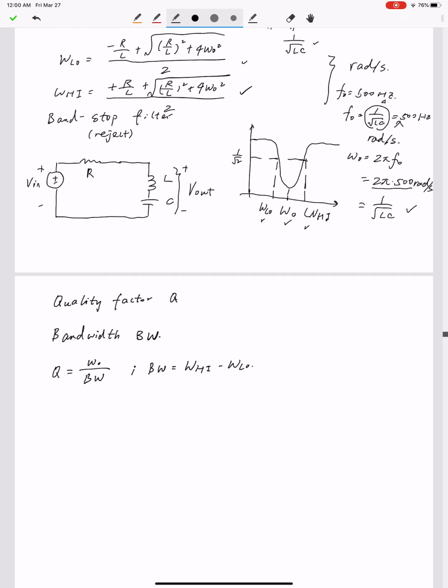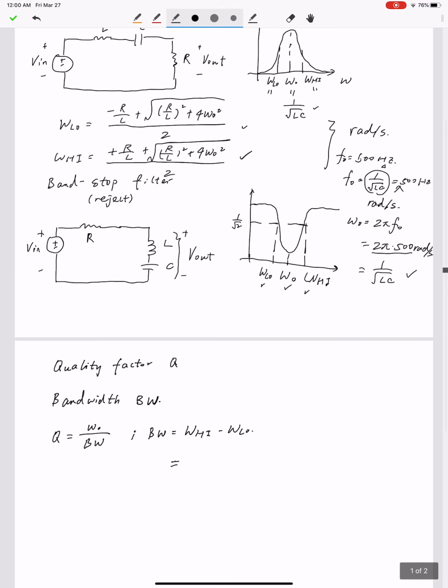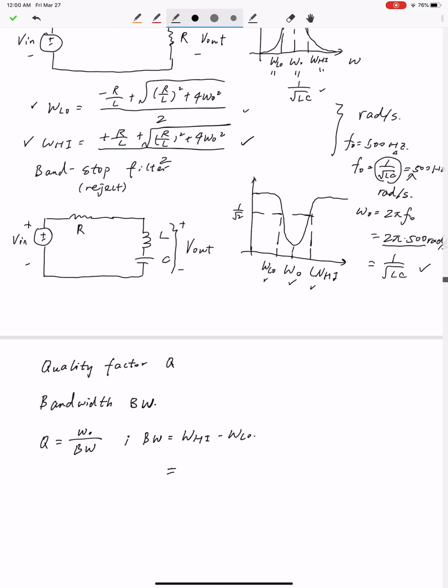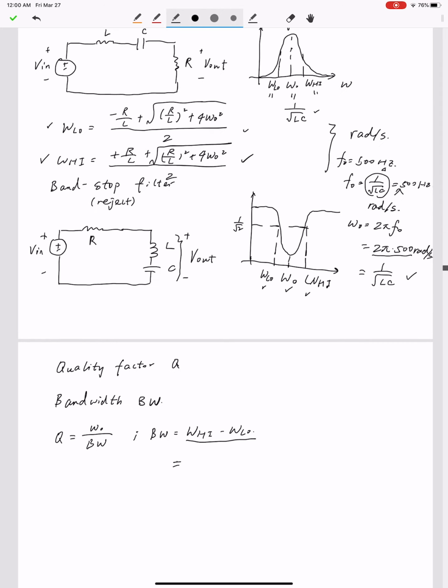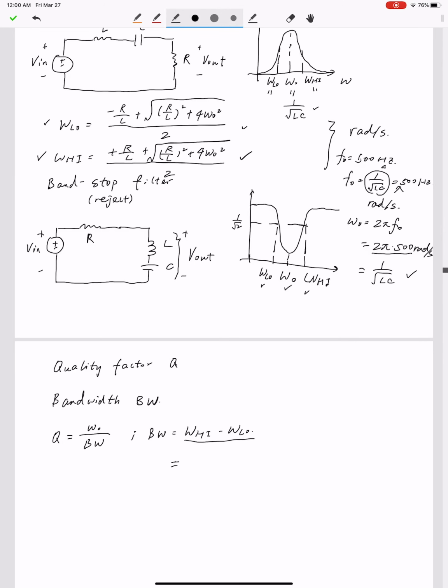So let me explain how to calculate bandwidth and quality factor. To calculate bandwidth, we just need to plug the expressions of omega high and omega low into this formula. In other words, we just need to subtract these two expressions, and the result is going to be 2R over L, right?